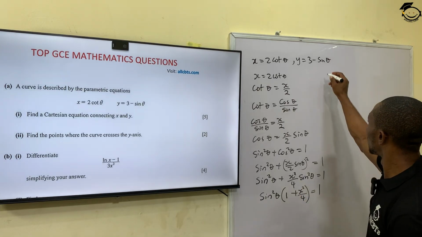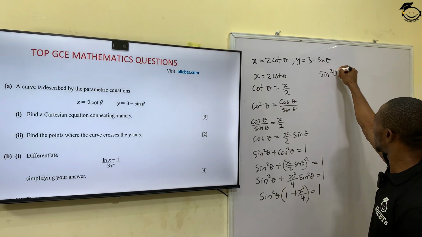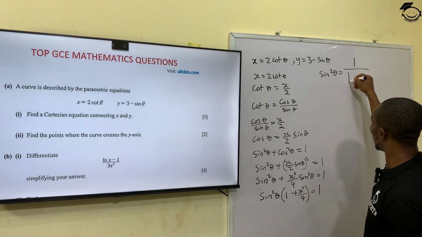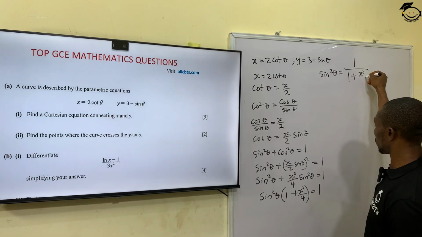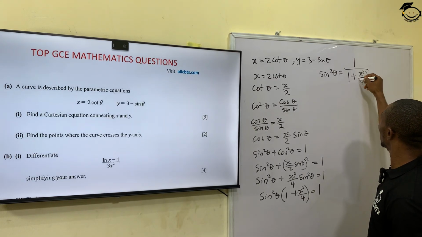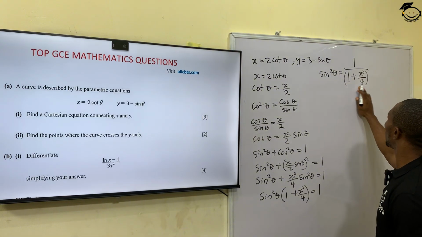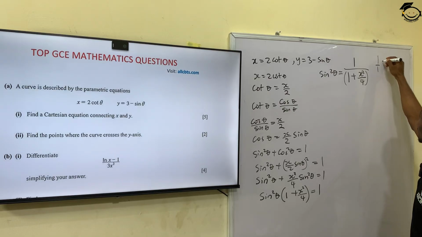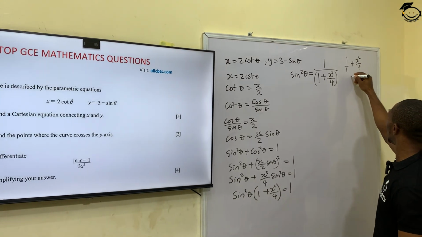So our sine squared theta will be equals 1 all over 1 plus x squared over 4 as our sine squared theta. Okay, from here, if we open up this bracket, if we have 1 over 1 plus x squared over 4, okay, our LCM will be 4.